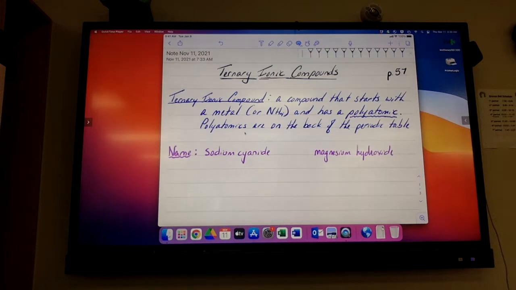It's underlined? Sorry? In the parentheses.